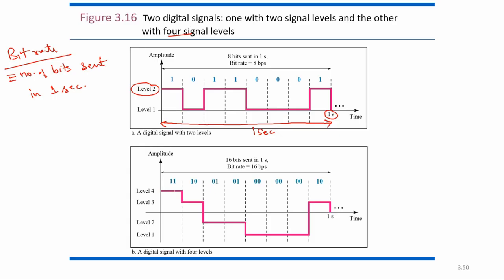The number of bits required to represent n levels is given by the formula log n to the base 2, where n is the number of levels.